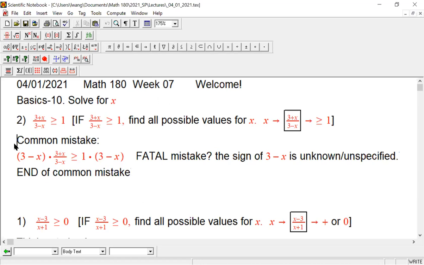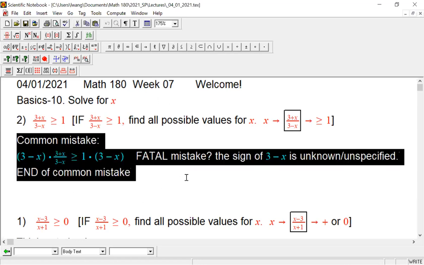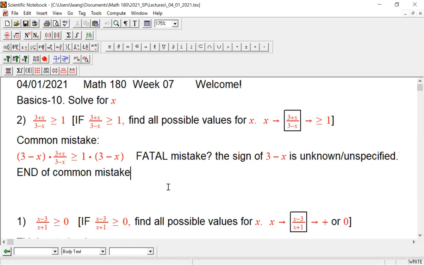Okay, so this piece is a terrible, terrible mistake. Please, please don't do that. I emphasize it here very sternly, because I see this being done by some of my colleagues. And I saw this being done by some TAs in the Math Resource Center.